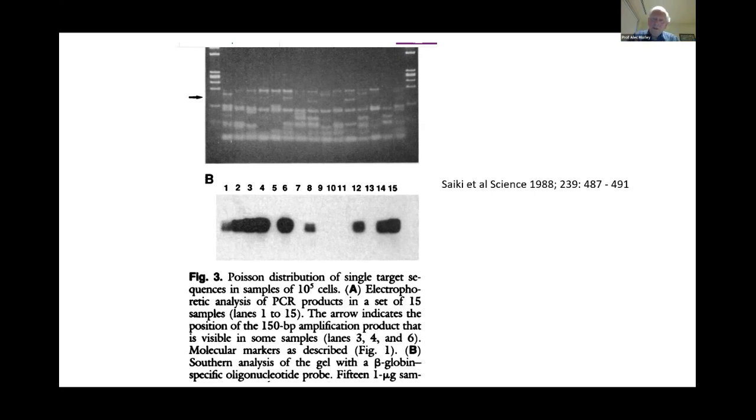But they didn't do the reverse step of quantifying material backwards using the Poisson distribution. So I class them as a near miss.